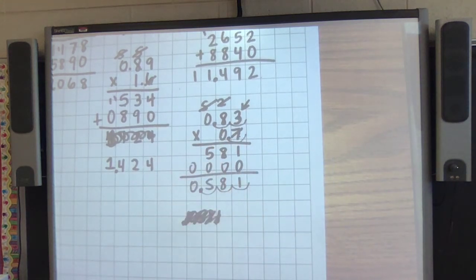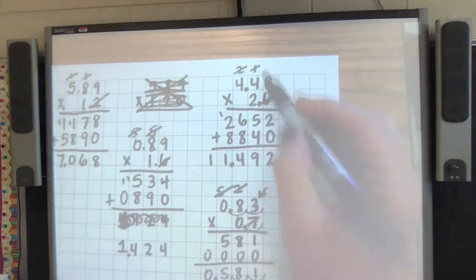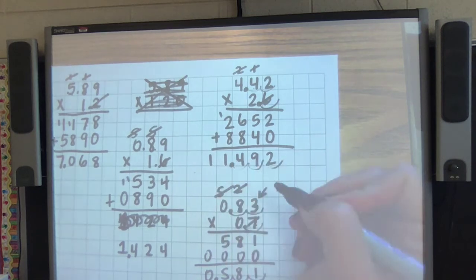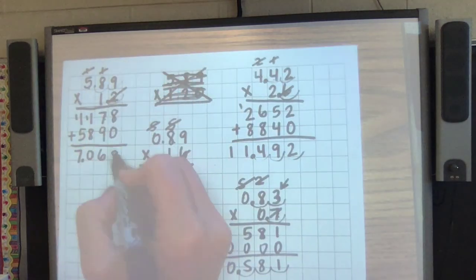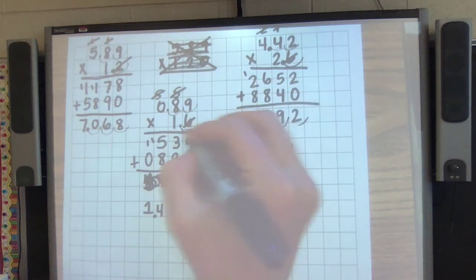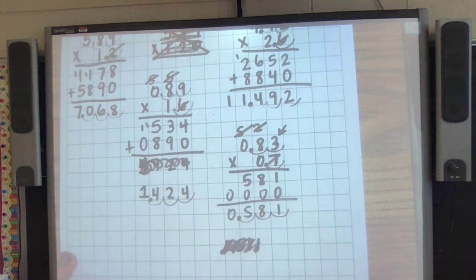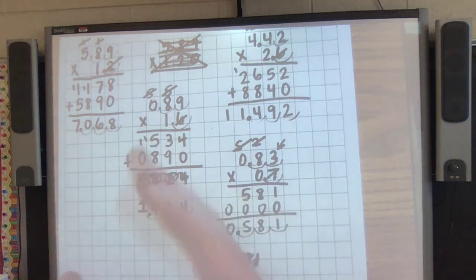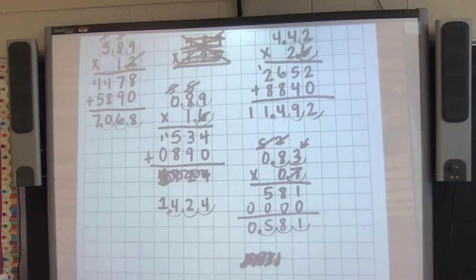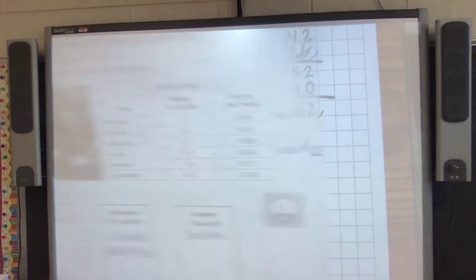We can check that with these. 1, 2, 3. It works. See how that works? You can do that, but I don't want you to just memorize that. I want you to also understand why. Okay, so that was the lentils.